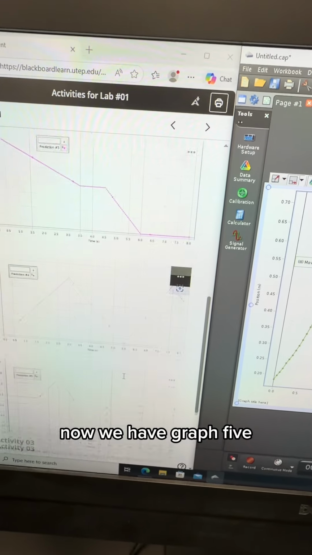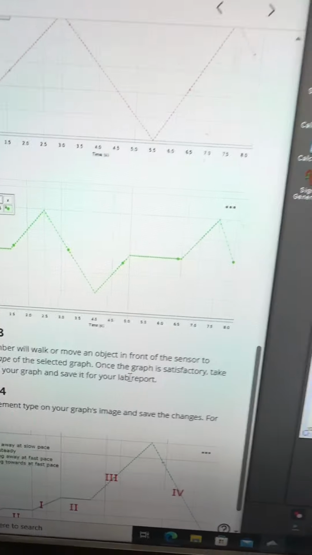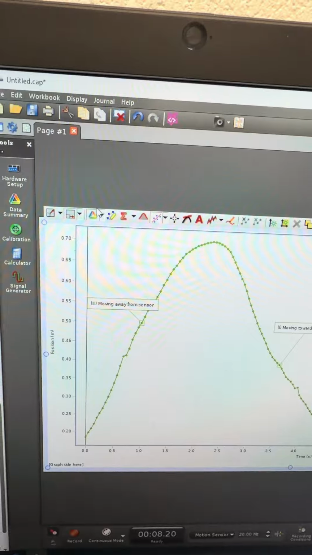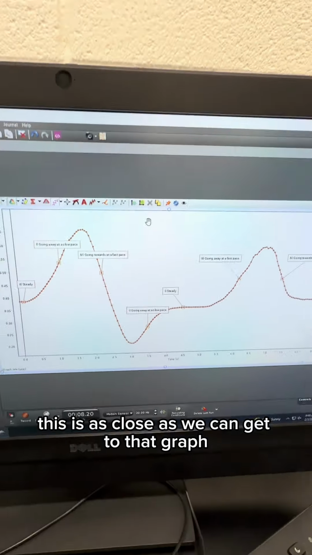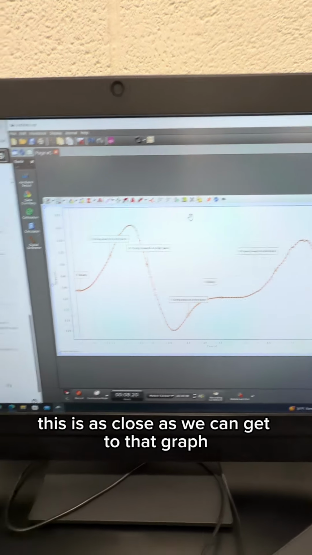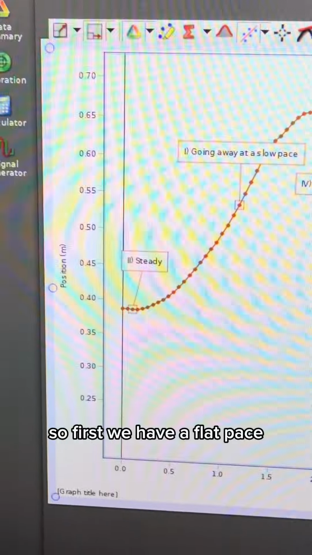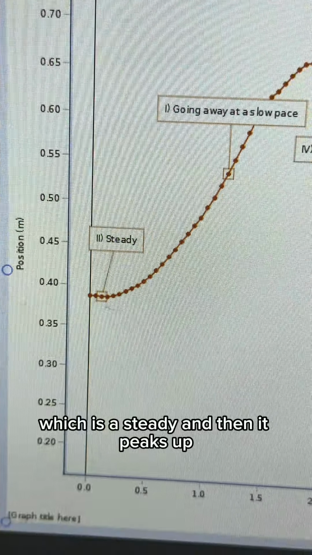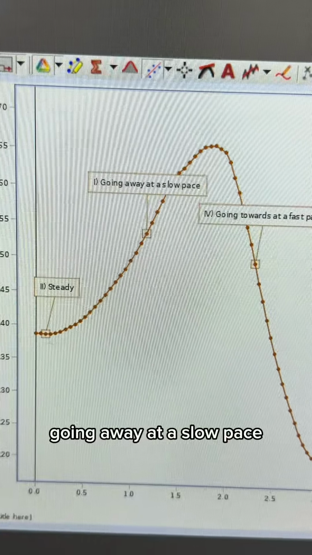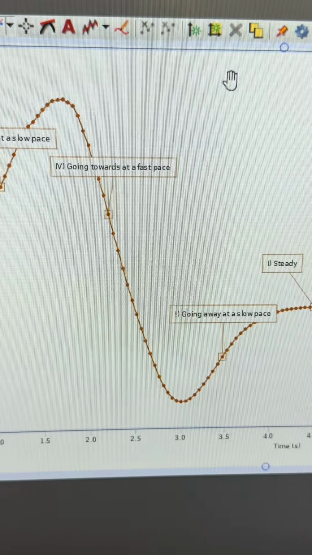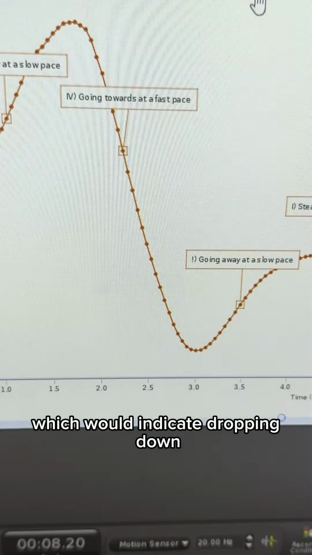Now we have graph 5, which would look like this. The hardest one. Hold on. This is as close as we can get to that graph. First we have a flat pace, which is steady, and then it peaks up, going away at a slow pace, and then going towards it at a fast pace, which would indicate dropping down.